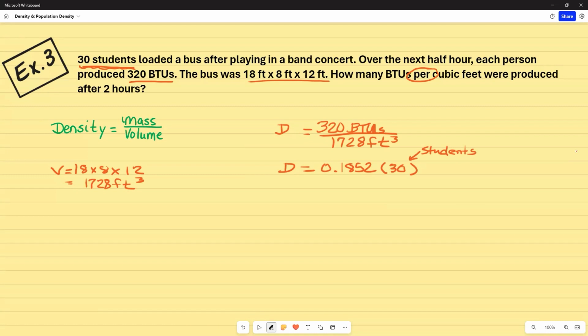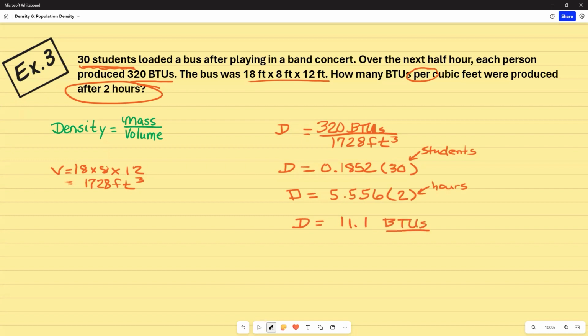So we had to multiply the BTUs by 30. And so that's going to give us 5.556. And then we also see that they're asking after 2 hours. So we're going to have to multiply this times 2. This represents the hours. And so our final answer, including the units, will be 11.1 BTUs per cubic feet.